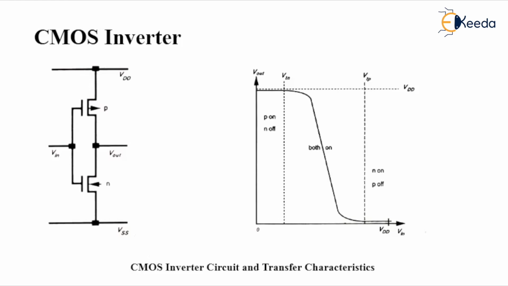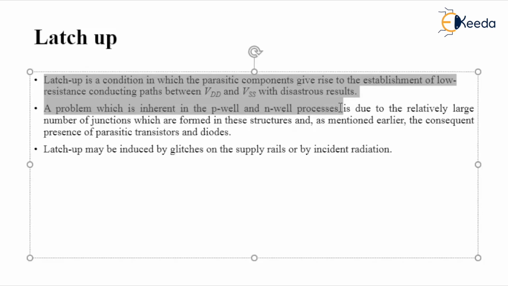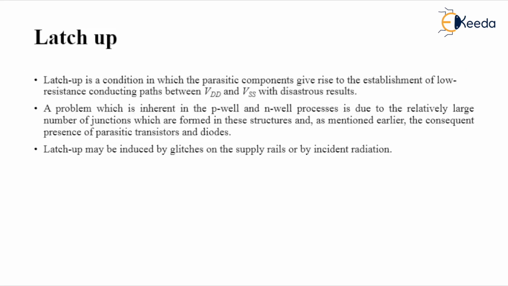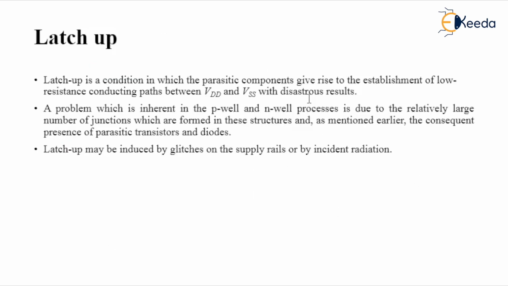So it offers a low resistance path between VDD and VSS. Low resistance means a high current will flow from VDD to VSS, and it makes faulty readings, or otherwise it gives disastrous results.